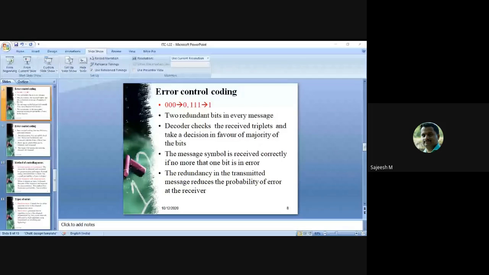Then can anyone say if error detection is possible in that case? No response.